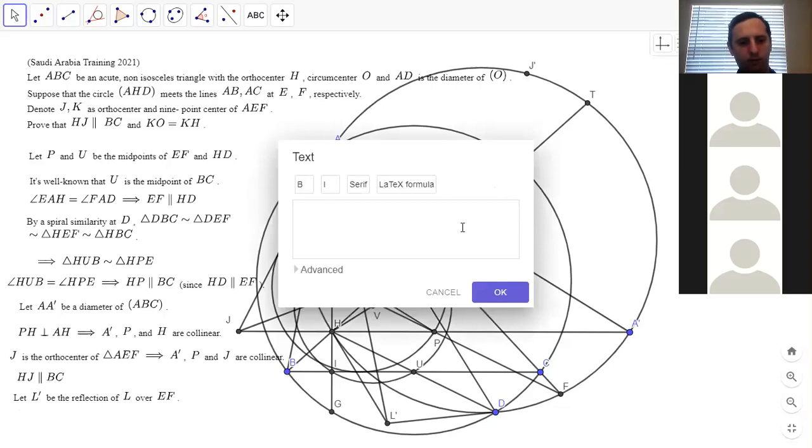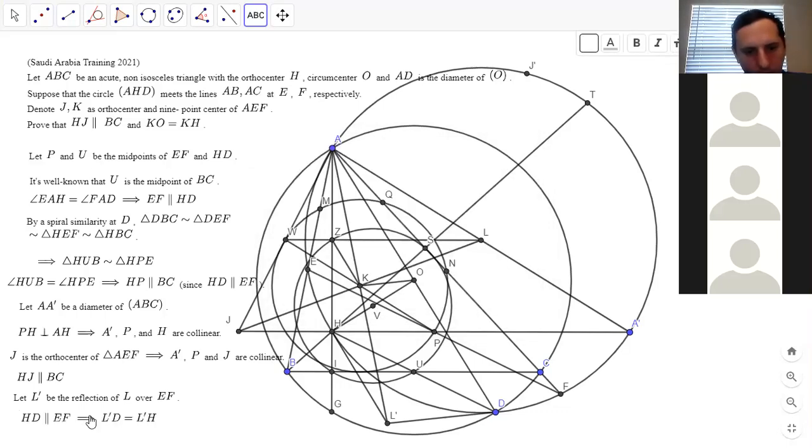Because L prime is the center of the circle, LP is basically perpendicular to EF. So yeah, that's true.